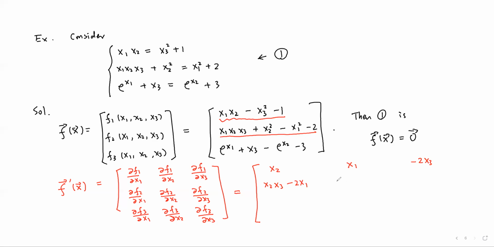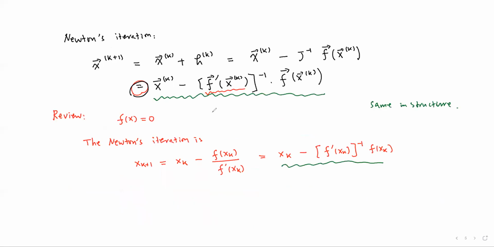Here x1, x3 plus 2x2, x1, x2, then e to x1, negative e to x2, 1. Okay, now we have the derivative. We have the function f.